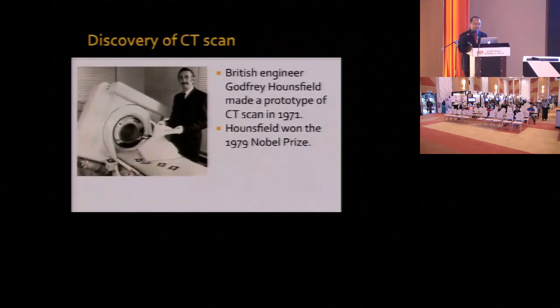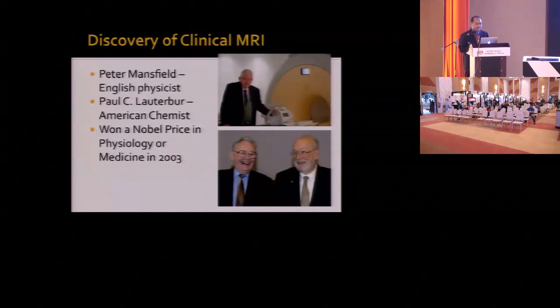And then the discovery of CT scan was actually by a British engineer, Sir Godfrey Hounsfield, in 1971, and he won a Nobel Prize also in 1979. And the discovery of clinical MRI, the contribution of these two scientists in developing clinical MRI, brought them to win a Nobel Prize in Physiology and Medicine in 2003.